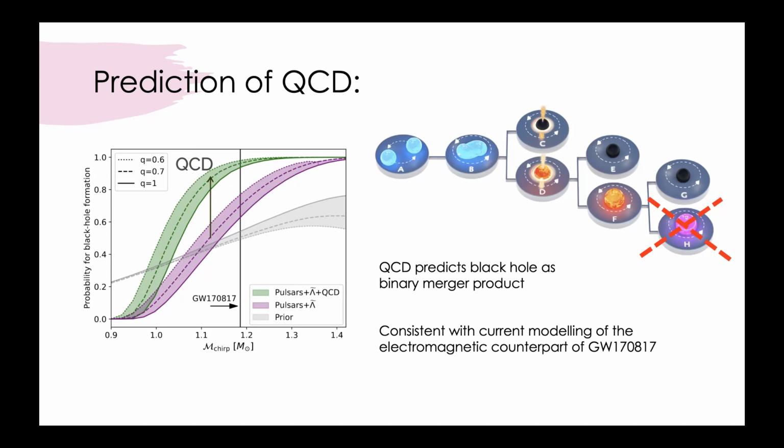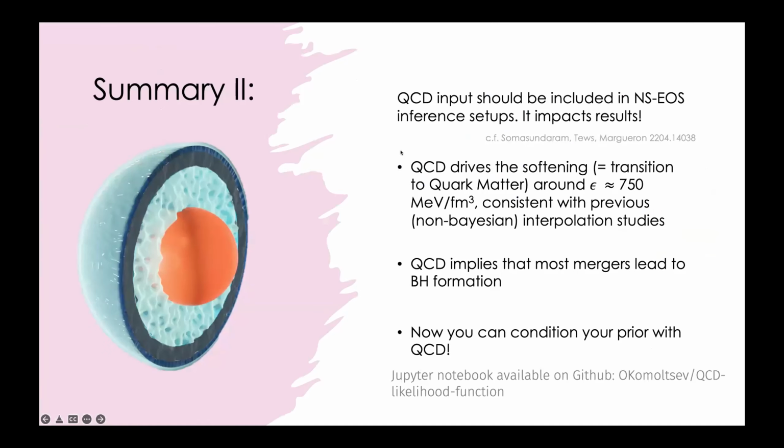Okay, so let me then conclude with my second summary. The QCD input should be included in any neutron-star equation of state inference setup because it really impacts the results. There have been other studies like this one here, whose results agree in the ballpark with what I showed here.